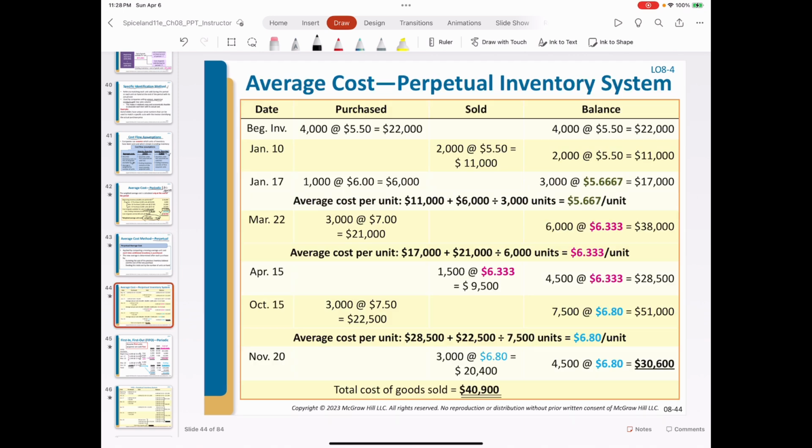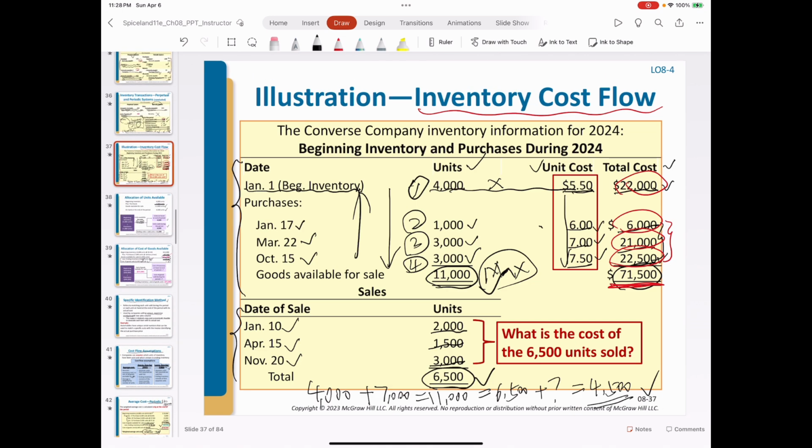Let's take a look. We know the beginning balance inventory was 4,000 units at $5.50. Total value 22,000. So this is the balance. The first inventory sold was on January 10th. When this inventory was sold, we are going to account for the cost of goods sold. On this date, we do not have information about the purchases on January 17th, March 22, October 15.